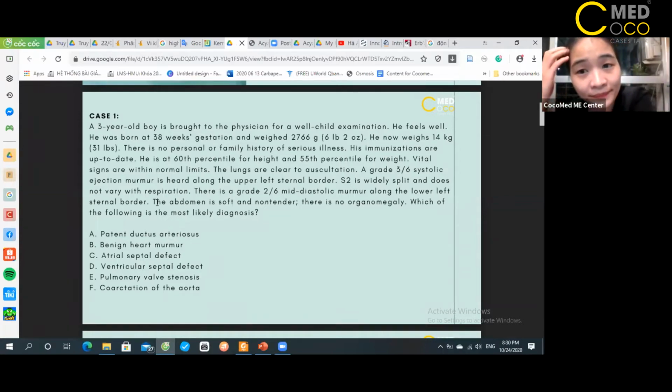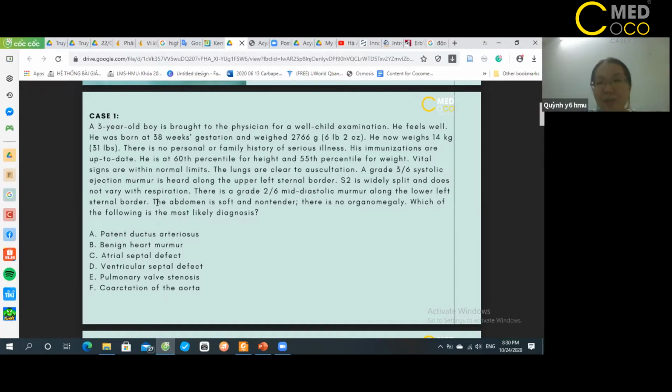I think that means they only found out about his abnormality unintentionally, like going to the local clinic for vaccinations, where they auscultate and find this abnormality. Yes, that's the reason he was referred.